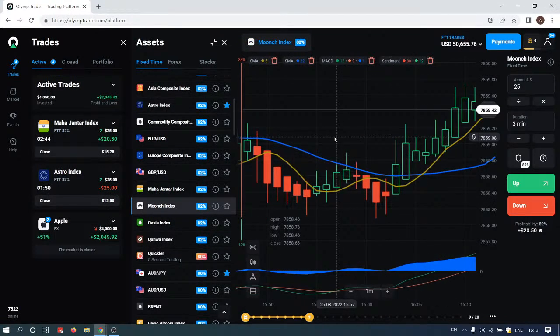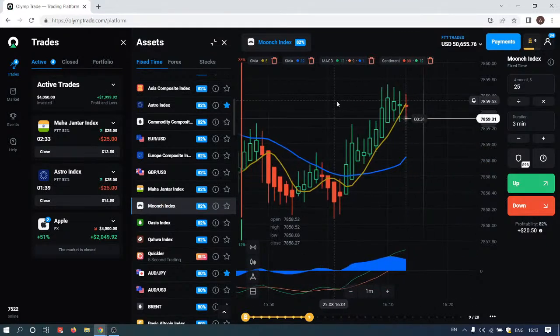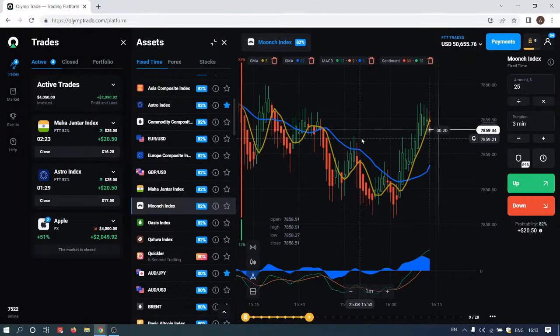So, a question here: I trade on forex, I'm a beginner, I learn on forex. I would say when you start trading, it doesn't really matter which mode of trading you use, FTT or Forex. What is more important is to learn the basics of trading, which are strategies.